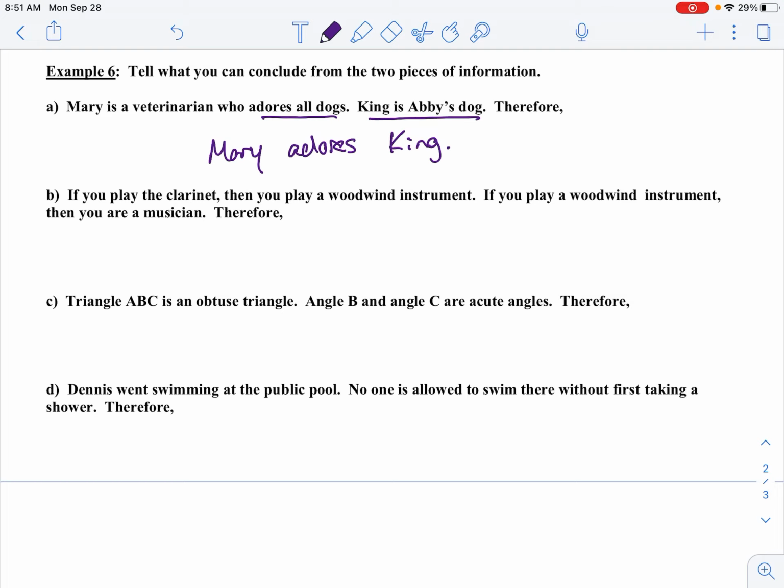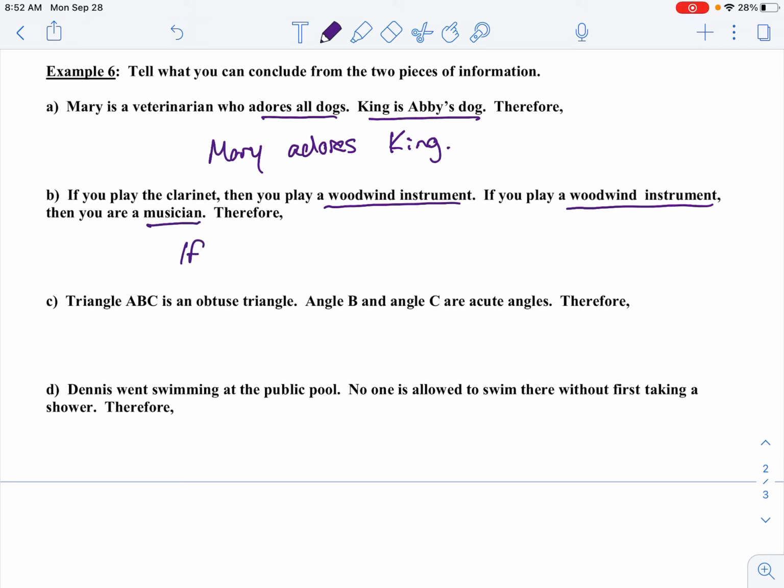Next one. If you play the clarinet, then you'll play a woodwind instrument. If you play a woodwind instrument, then you are a musician. This one kind of feels like if you give a mouse a cookie, which is what deductive reasoning is all about. If you play clarinet, then you play a woodwind instrument. Well, then they go on and say, if you play a woodwind instrument, then you are a musician.